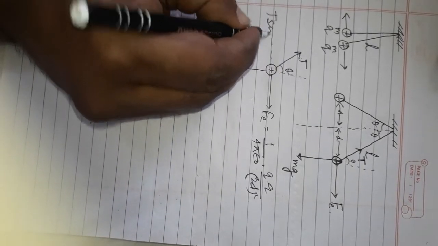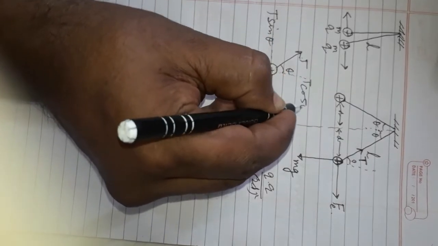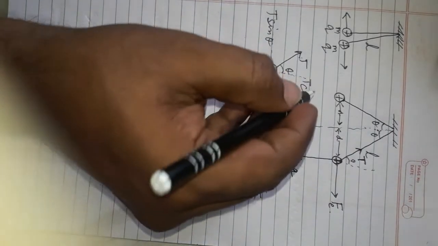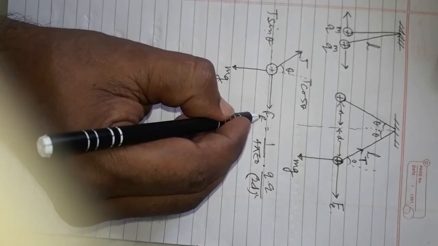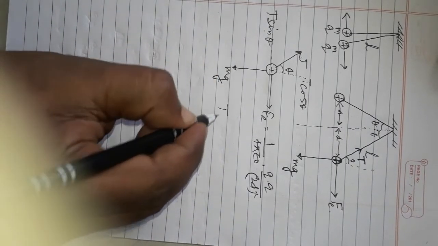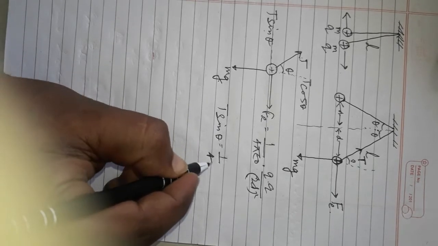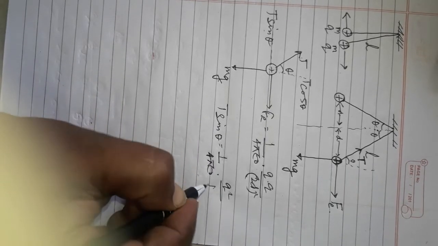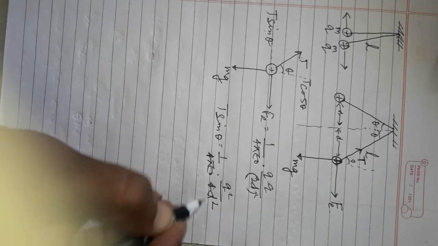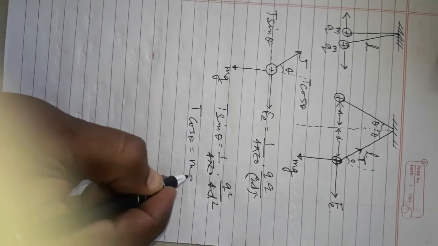One component will be T sin theta. The other component will be T cos theta. T cos theta will balance mg and T sin theta will balance the electrostatic force of repulsion. So writing the two equations, T sin theta is equal to 1 upon 4 pi epsilon naught q square upon 4d square. On the other hand, T cos theta is simply equal to mg.